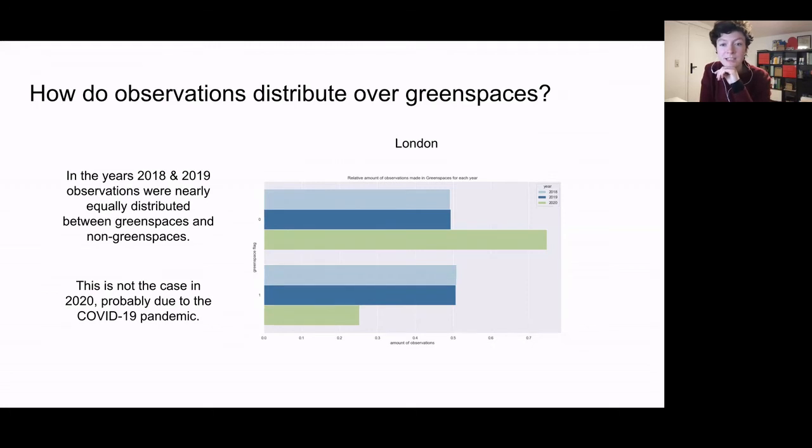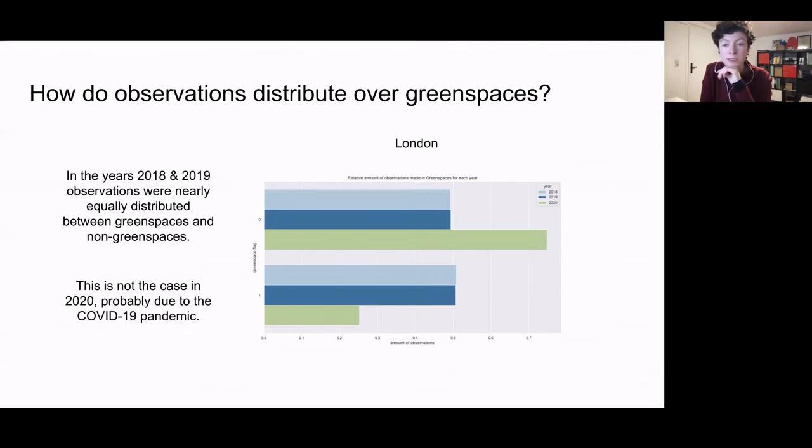What you can see in London over the years 2018 to 2020 is that in 2018 and 2019, observations are nearly equally distributed between green spaces and non-green spaces.